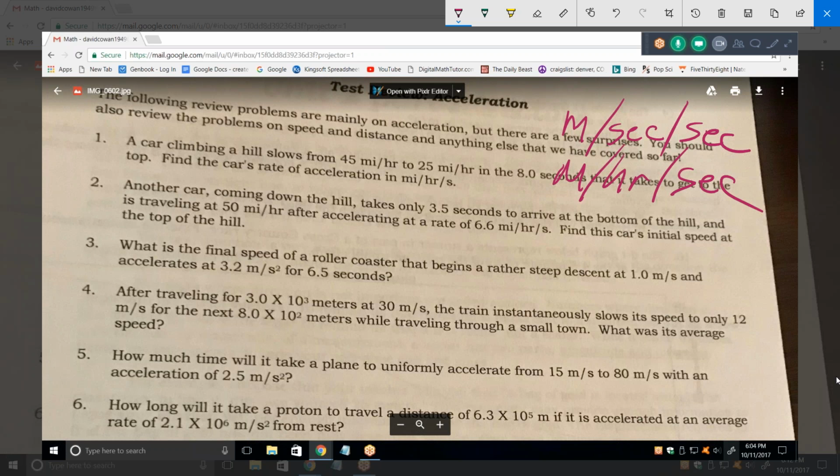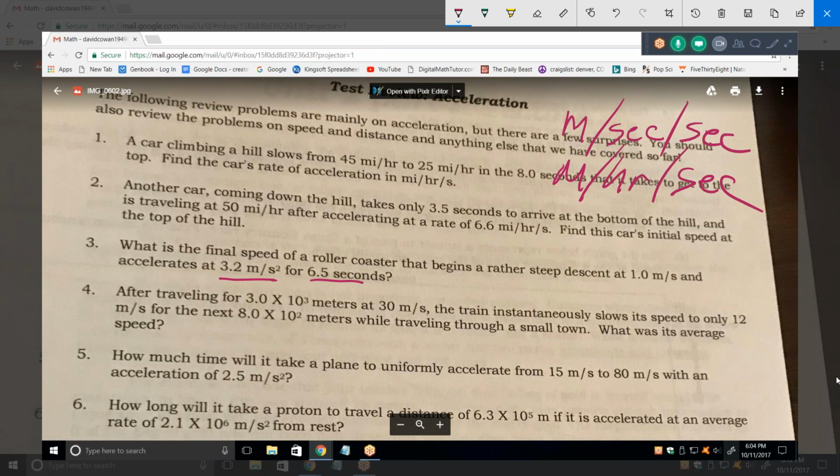All right. So it's the easiest way to do number 3. Let's not always rely on that formula. Let's think about it. It's accelerating at this rate for that amount of time.